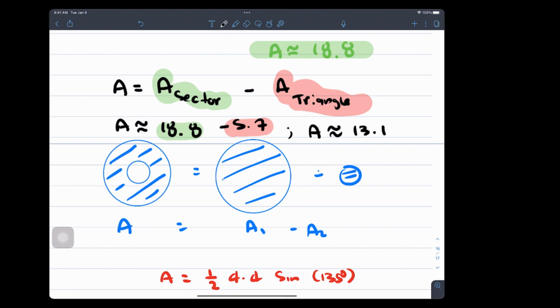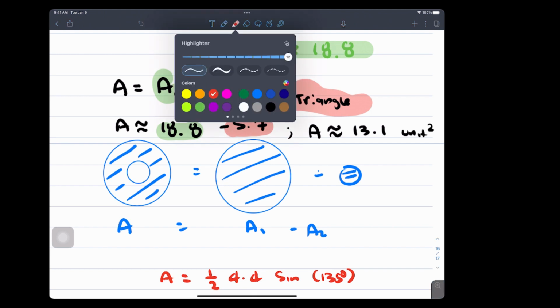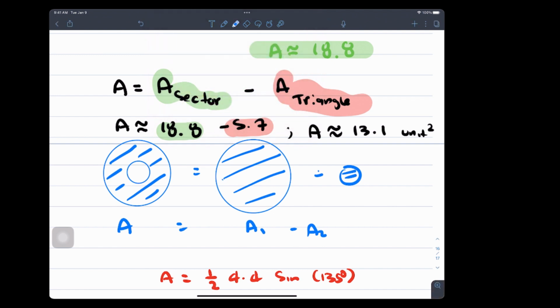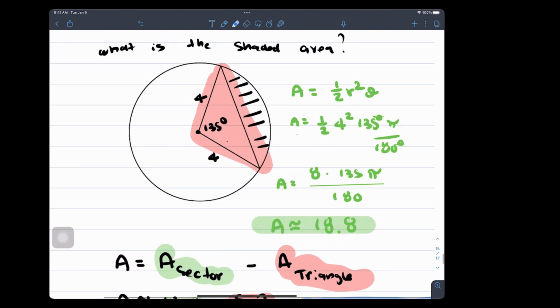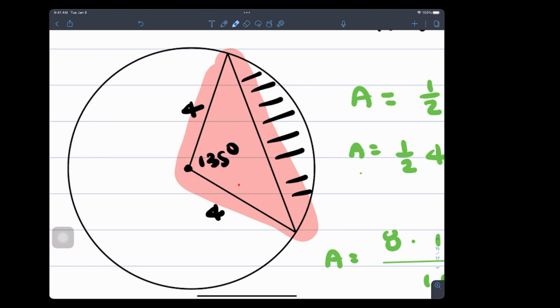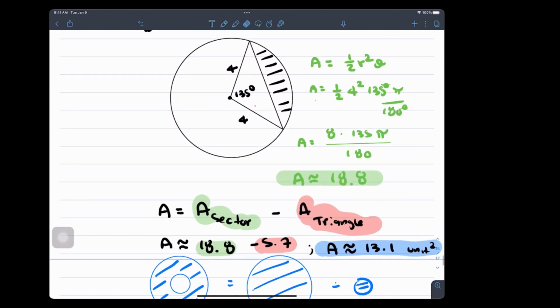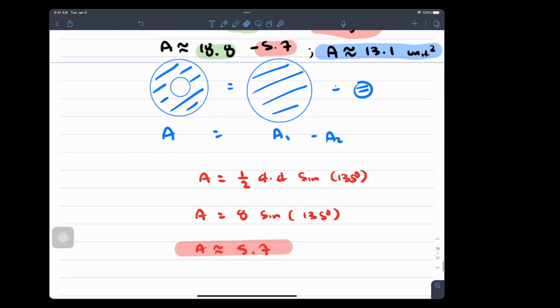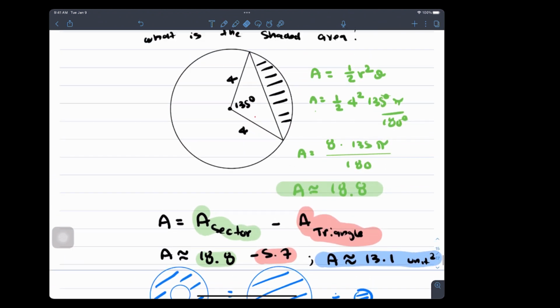And whatever units these were, I'm going to say units squared. They're in feet, miles, inches, whatever. This is how you find the area, ladies and gentlemen, when you have a sector minus the hole. The donut hole is a triangle. So now you've got the shaded area. One of my favorite examples of area in all of ever.